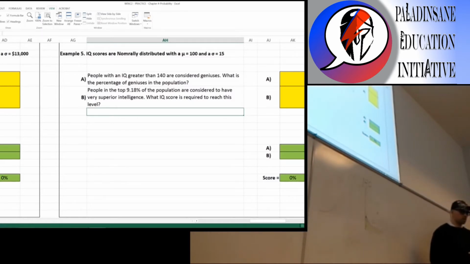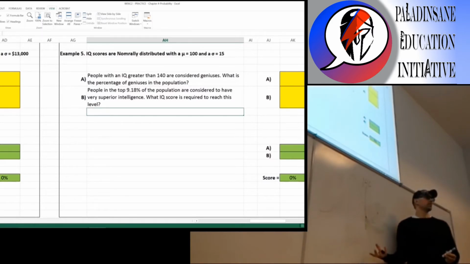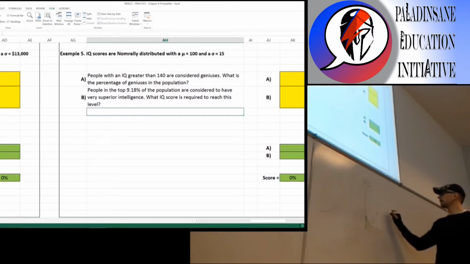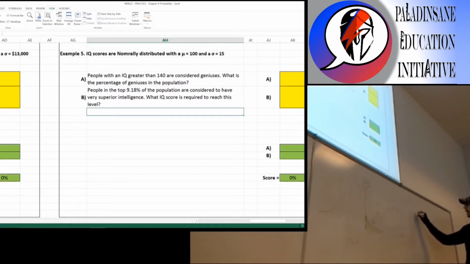What we need to realize, and this is a common theme, is that this normal curve is nowhere in your textbook. We don't have the numbers for this normal curve in an appendix in your textbook. So what we need to do is take this curve and transform it into a normal curve of z-scores.